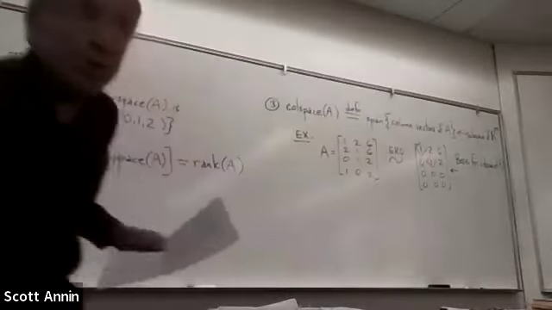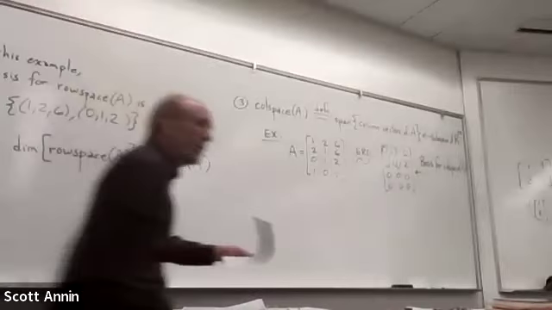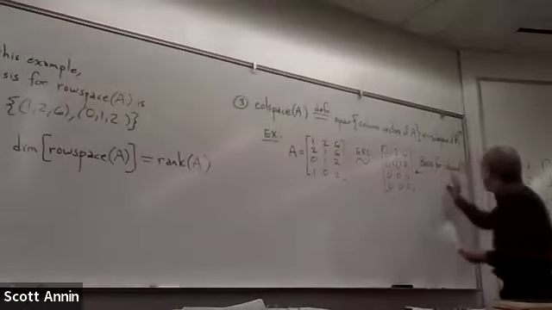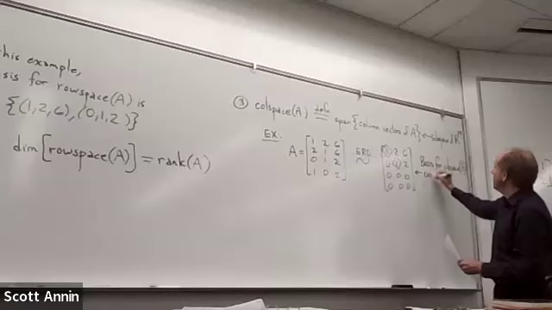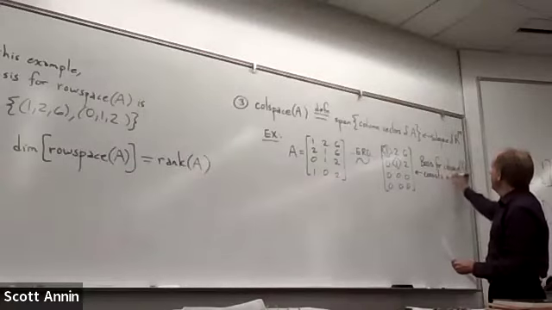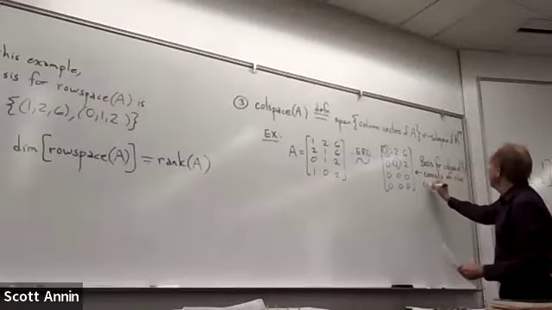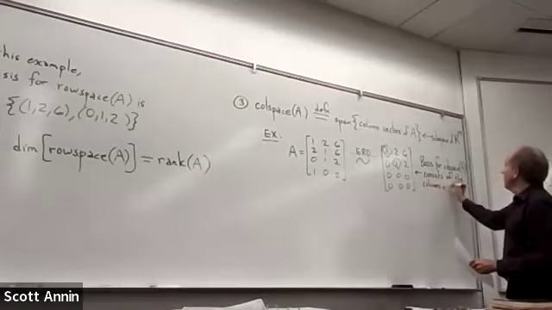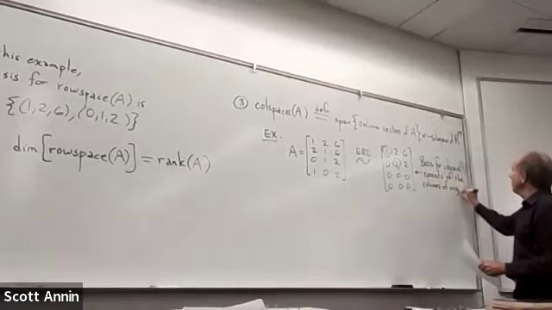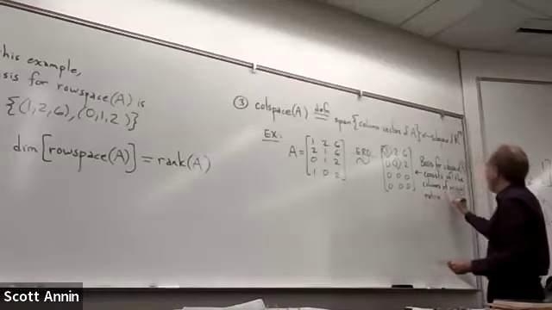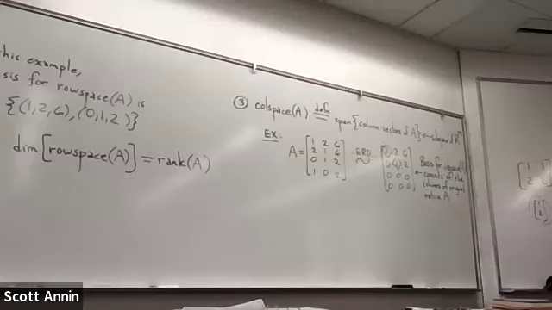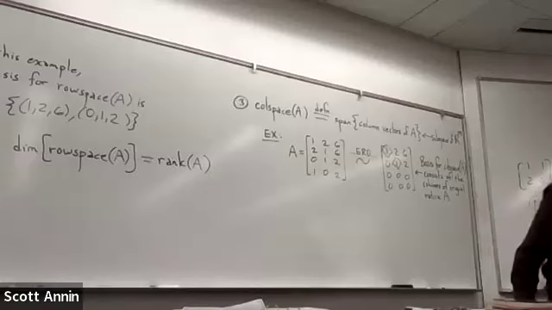I'm not going to prove this today. This would be more of a Math 307 thing. But what you do here is you take the columns of the original matrix A. You have to go back to the original matrix before you screwed it up with the EROs, right?